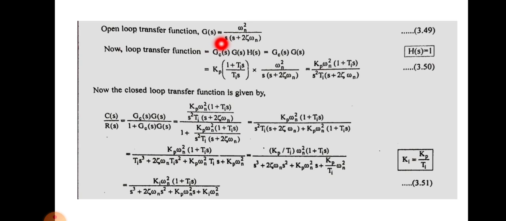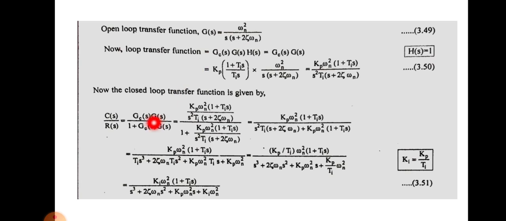Here the number of poles located at the origin is 1, which is given by the power of S, and here the order is the highest S raised term. Here the highest S raised term is 2. So here the order is 2 and the type number is 1, and the number of zeros is equal to 0 here.